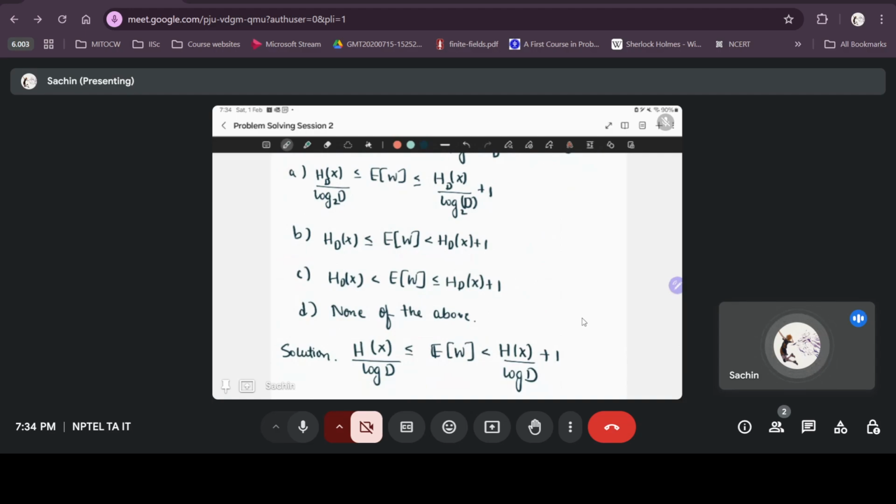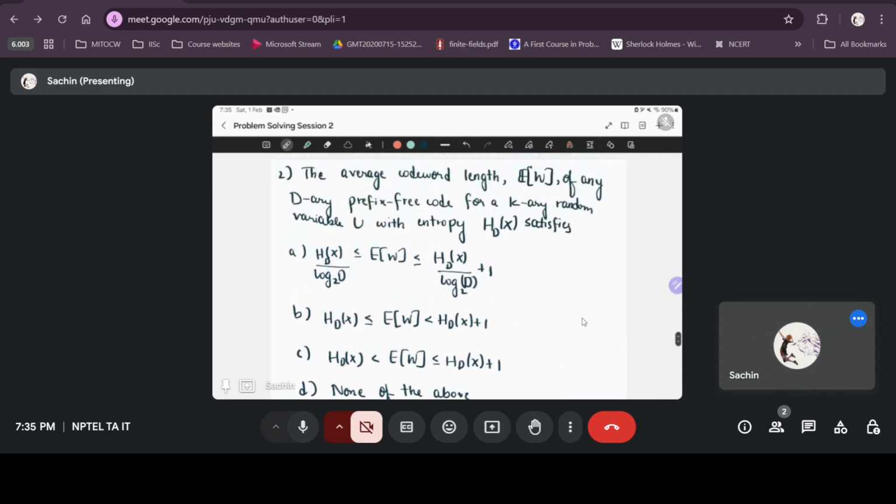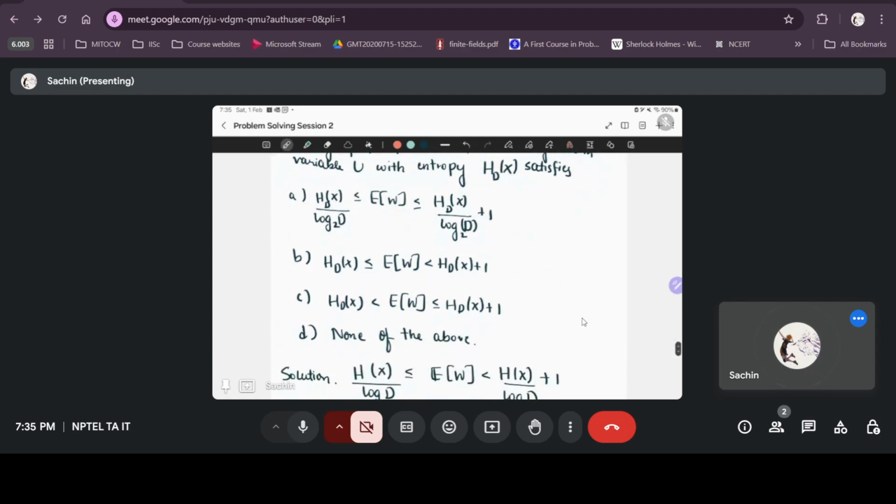In this case, the lower bound can be achieved. If the probability distribution is of a certain pattern, there do exist probability distributions for which you can get the lowest expected code word length, but you can never match the upper bound.